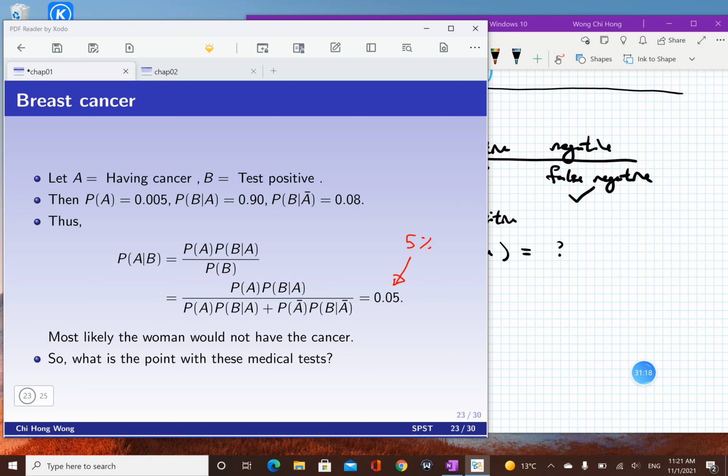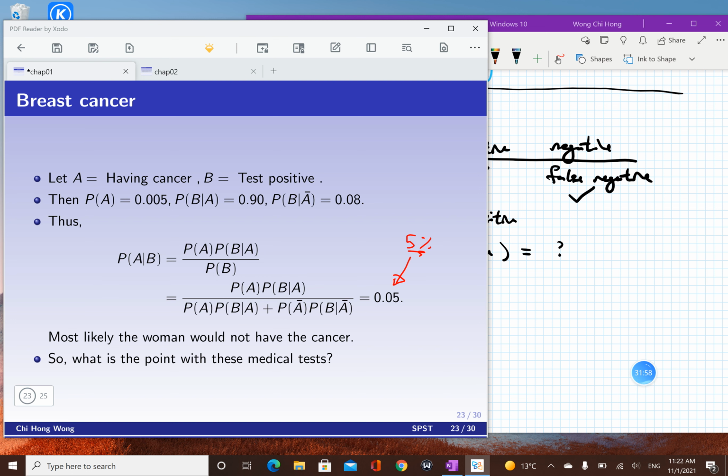Ordinary people who don't know probabilities or statistics would probably be scared to death if they get a positive result from a medical test, especially for something like COVID-19, that sort of deadly virus. But in fact, the math tells you that it's not exactly very likely that you will have the disease.